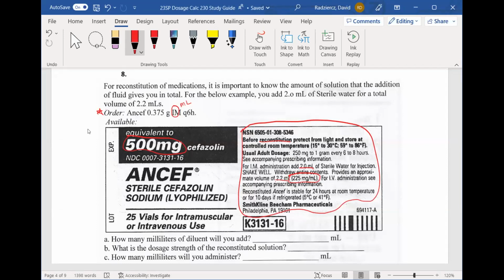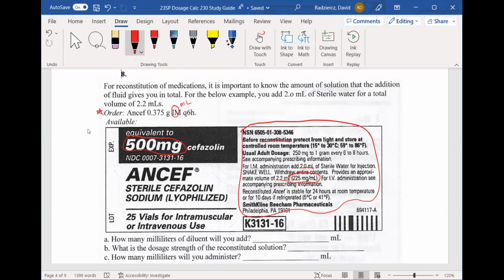You can ignore the 2 milliliters. You can ignore the 2.2 milliliters. Well, the 2.2 milliliters is the more important number because it tells you the total volume. So I always tell students, if you had a label and it didn't tell you the concentration after mixing, which I've yet to see, but if it didn't, you would take that 500 milligrams divided by 2.2 milliliters, and that would give you your approximate concentration.